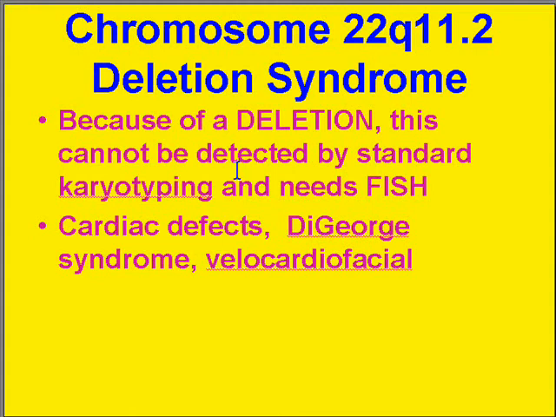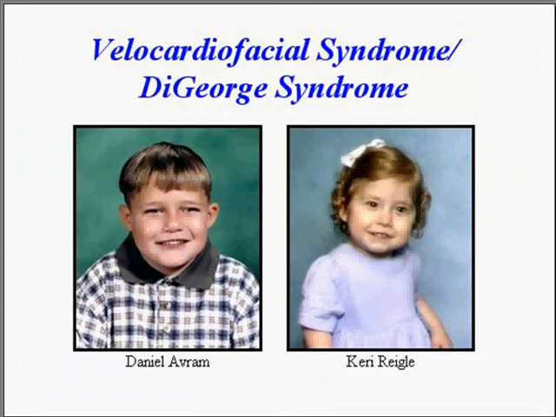So if you remember that chromosome 22q11 is called velocardiofacial, also called DiGeorge syndrome. They have a variety of cardiac defects, and the facies is not quite as classical or memorable or unforgettable as Down's, but I think you can see a similarity here. And here are a couple of poster children from the disease.